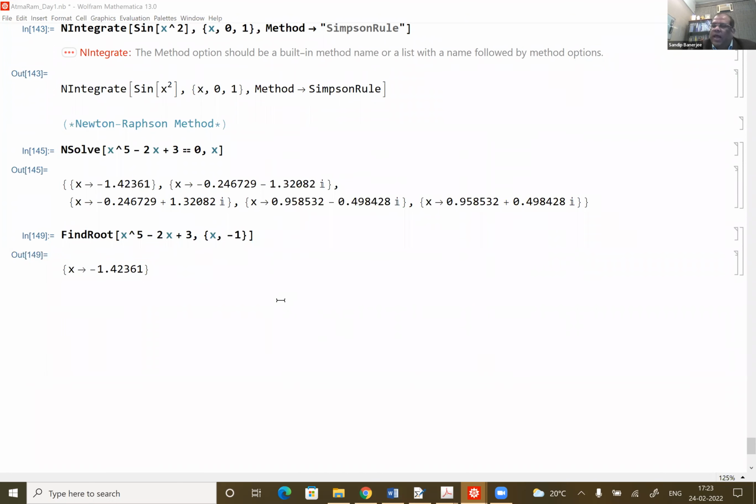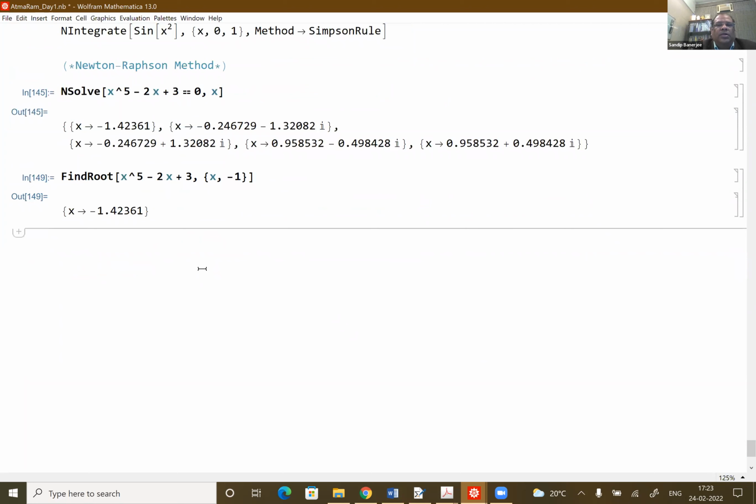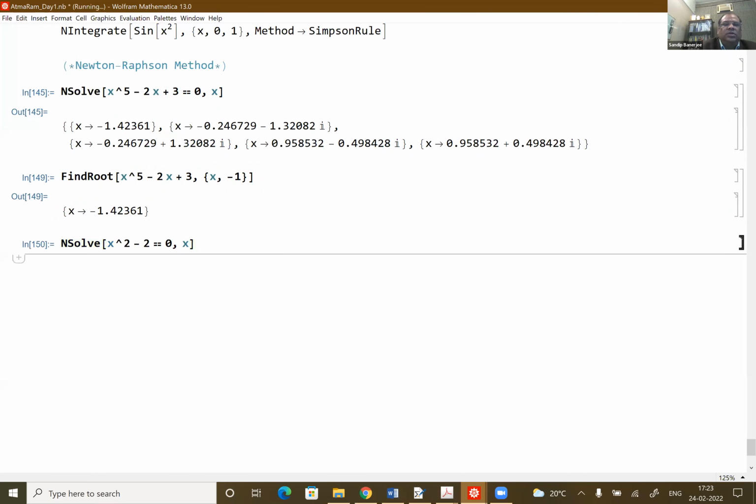Yeah, so as I was saying, suppose in NSolve a simple one, x squared minus 2 equal to 0, comma x.